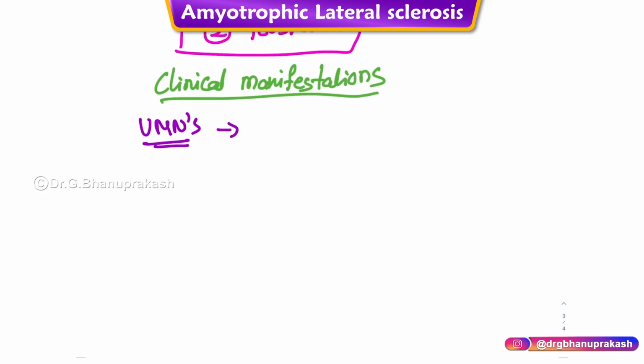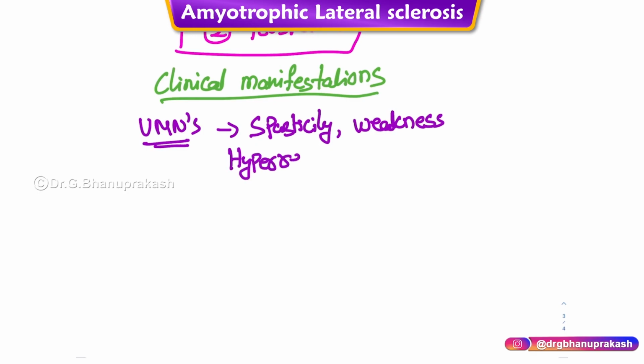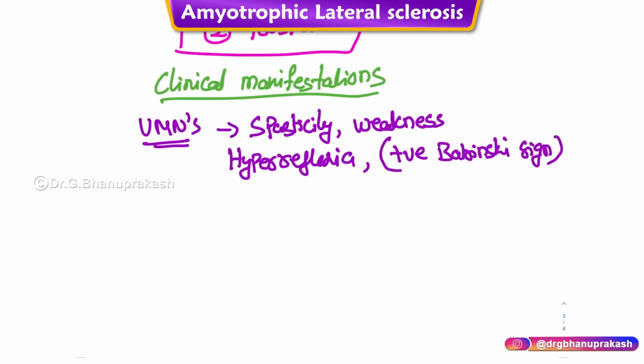Upper motor neuron lesions cause, we know this, spasticity, weakness, and there will be hyperreflexia, and a positive Babinski sign. I'm not explaining in detail because the lecture will be lengthier.